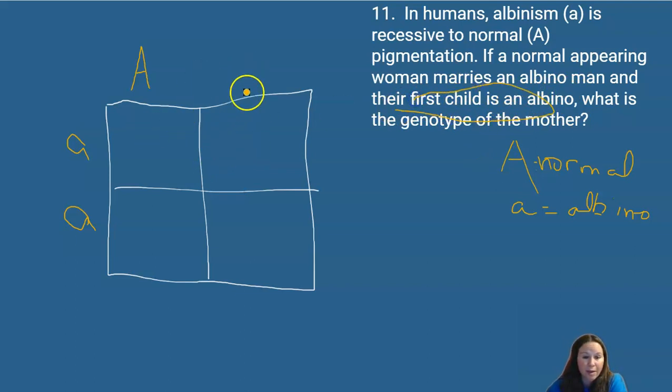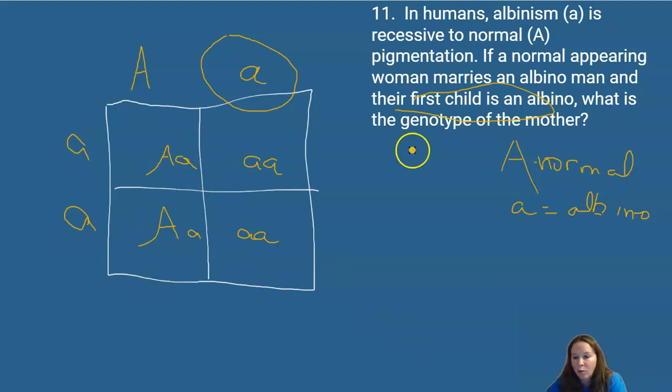So the only way that we can get an albino child is, what's mom's other letter here? If you said a little a, you were correct. So it looks like there's a 50% chance that they're going to get albino children and a 50% chance normal pigment.